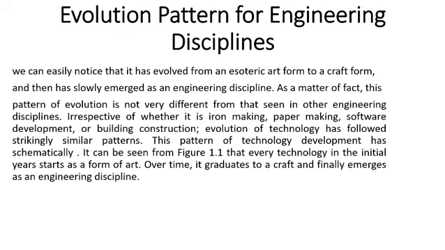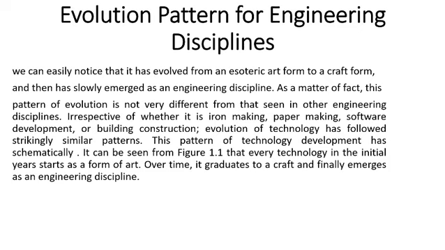And coming to the second one, evolution pattern for engineering discipline, we can easily notice that it has evolved from a historic art form to a craft form, and then slowly it has emerged as an engineering discipline. As a matter of fact, this pattern of evolution is not very different from that seen in other engineering disciplines.